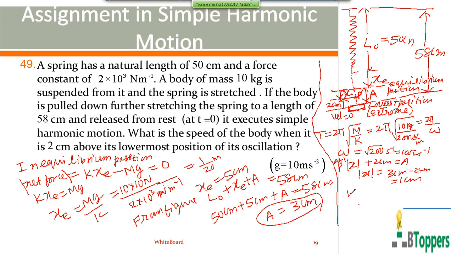So magnitude of the velocity is given by omega into root of A square minus x square. We can write omega equal to 10 root 2, A is 3 centimeters, x is 1 centimeter. We can simplify this further. This comes from root 8 and root 16, that is root 16 into 4. So we will get the answer as 40 centimeter per second.